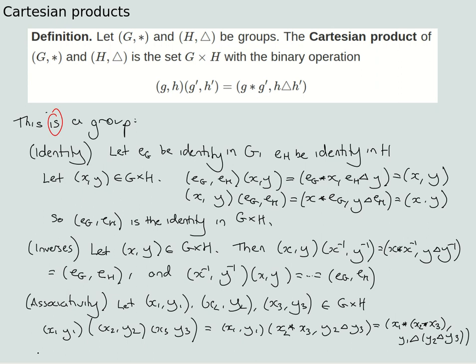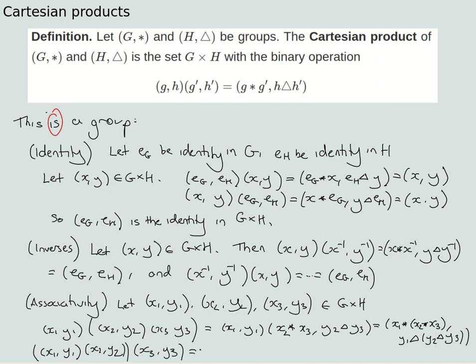And if we do this the other way round, so the other possible order of applying our binary operation is to do x1, y1 and then x2, y2 and then combine that with x3, y3.